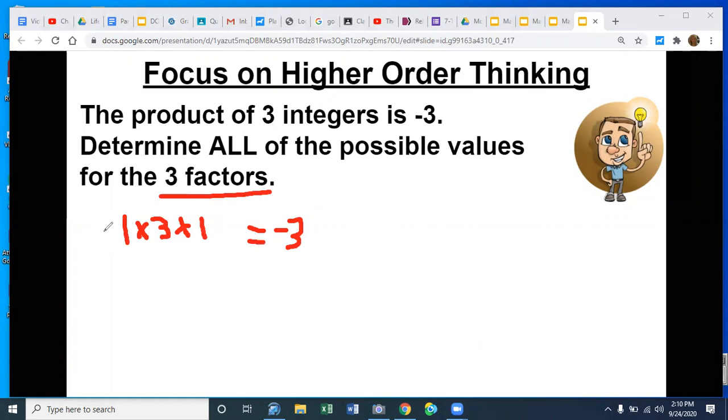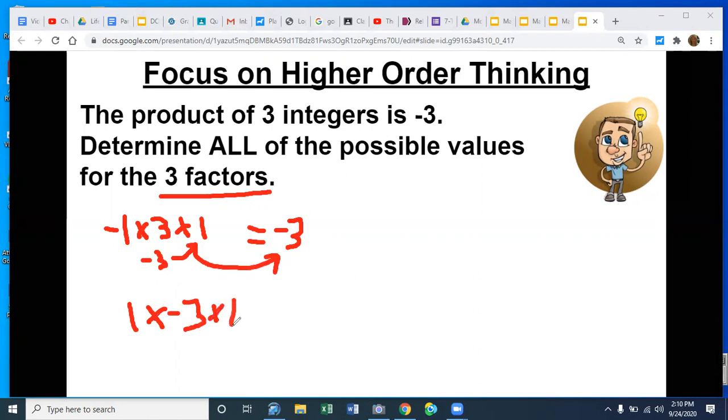So if I just make one of them negative, will that work? -1 times 3 is -3. And a -3 times a +1 is going to give me a -3. So yes, that would work. That's one possibility. What about 1 times -3 times 1? Will that work?